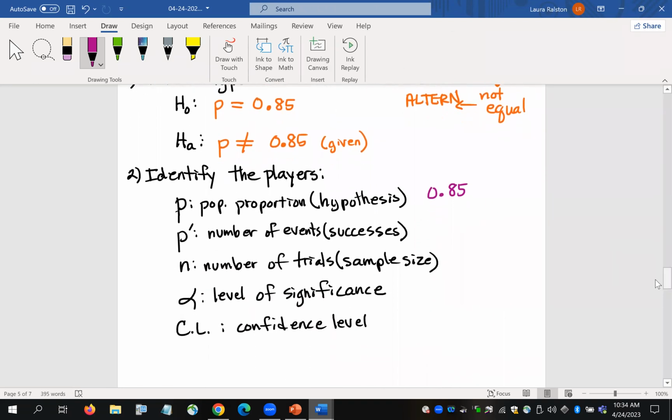So our sample size was 50. Of those 50, 39 wanted to go to the zoo. And it says use a 0.01 level of significance. 0.01 is 1%, so my confidence level is 99%. All of that information is being pulled out of the problem.